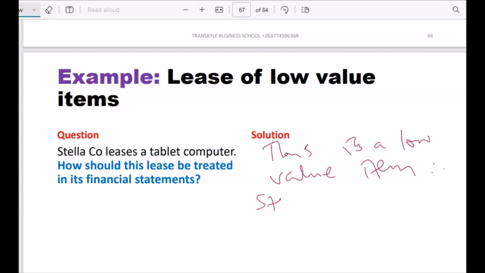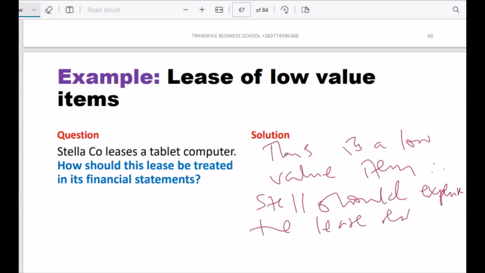Therefore, Stella should expense the lease rentals to the SPL. Okay, she should expense the lease rentals to the statement of profit or loss over the lease term. All right.